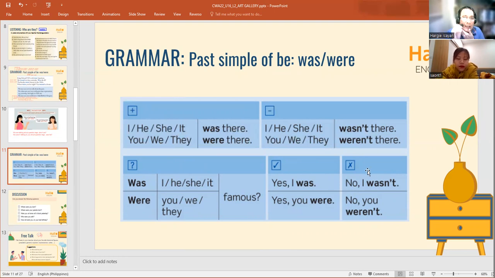Now, going back, what's the difference between wasn't and was not?